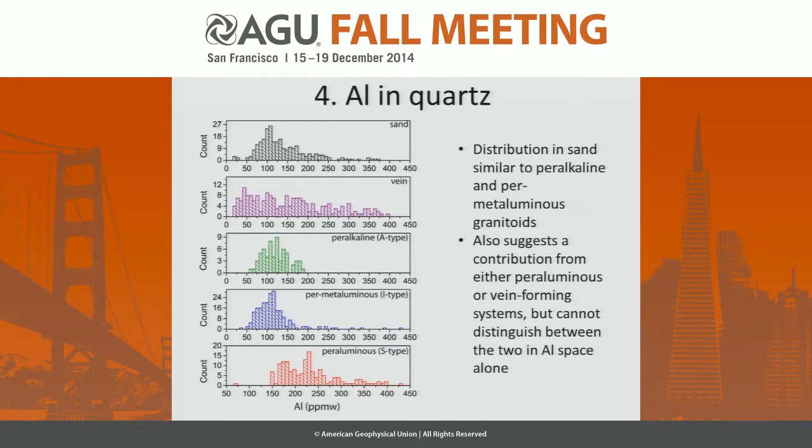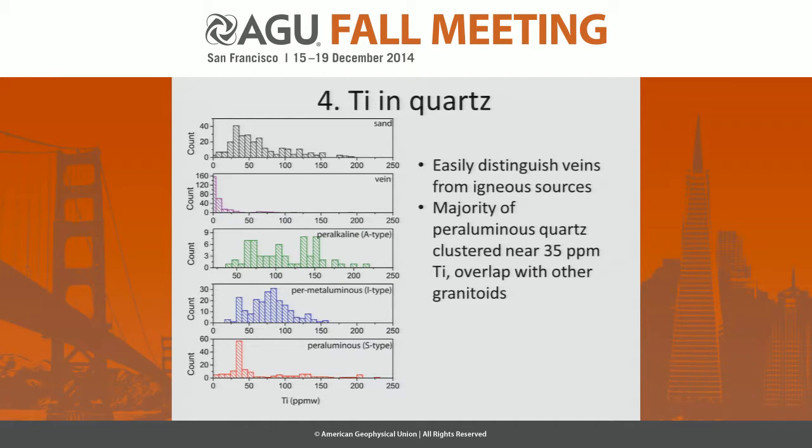So if we look at titanium, the first thing you'll notice is that the vein concentration of titanium is very low. So solubility of titanium is very low at these low temperatures of vein formation. Another thing you'll notice is the peak. The main peak for the sand aligns with the main peak for the peraluminous granitoids, as well as a smaller peak for the metaluminous I-type granitoids.